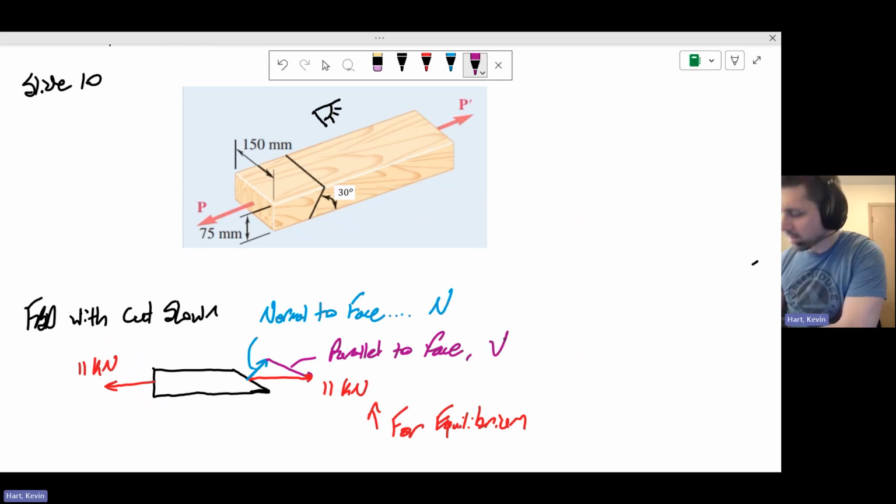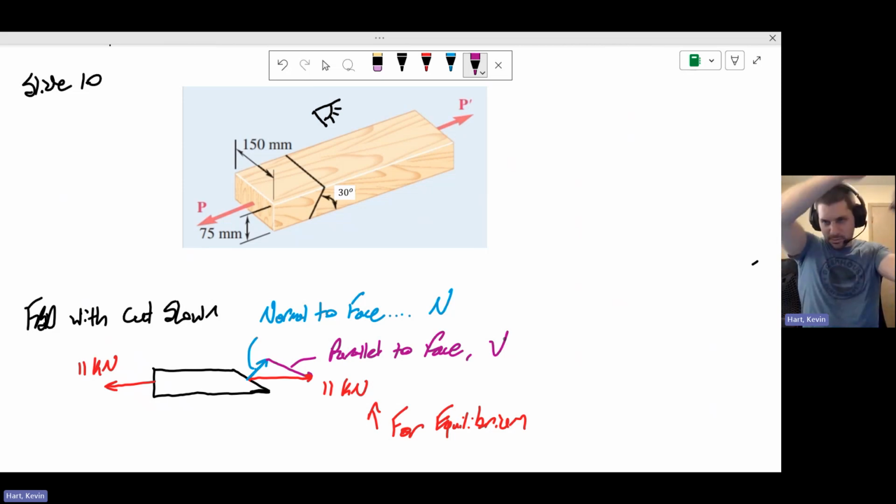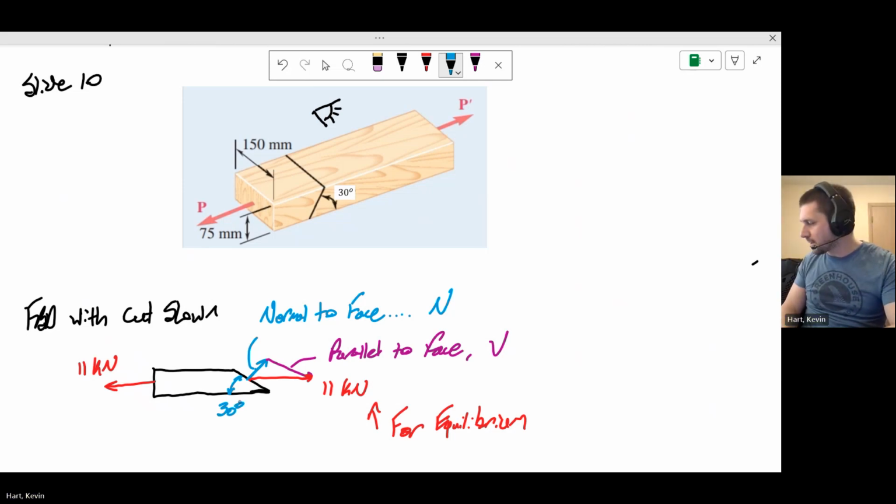And usually we use the variable capital V because that is a shear force that's moving across that new plane that we created. All right, now importantly here, I haven't put in my angle. So let's make sure we get our angle in there correctly. And our angle for this particular problem is the angle theta, which is here, 30 degrees. All right, wonderful.